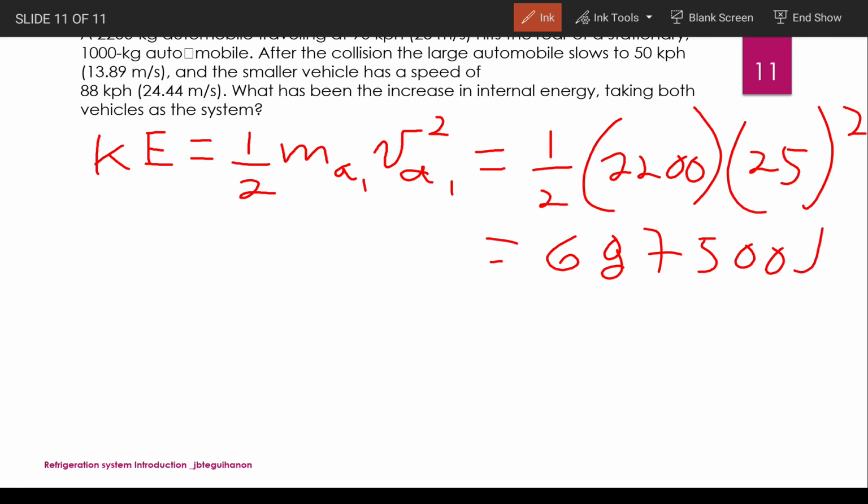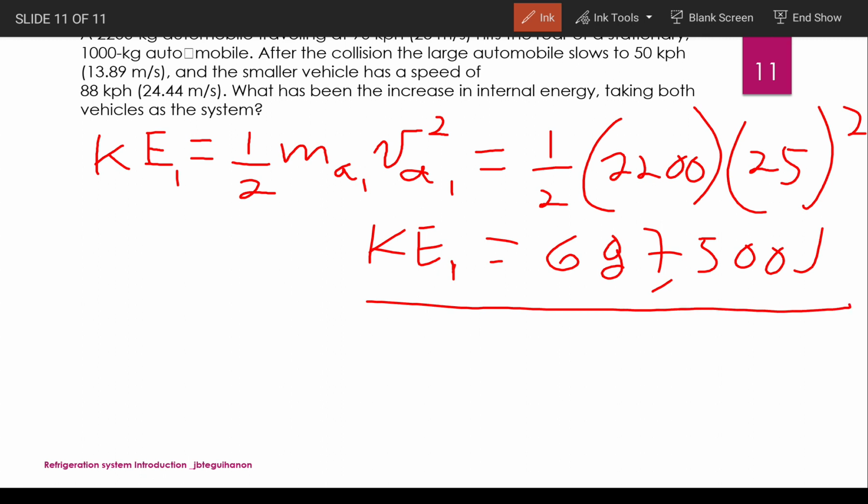So 687,500 joule. That is your kinetic energy, or kinetic energy 1.